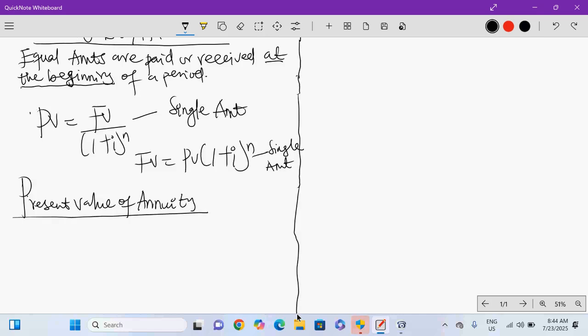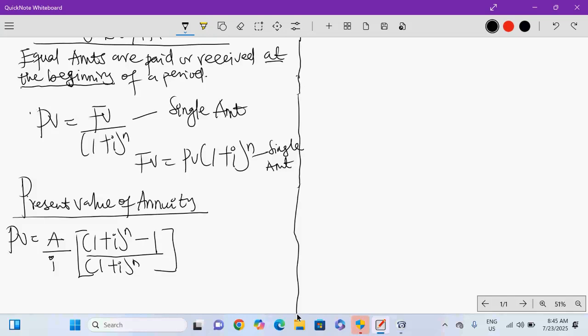So the present value of annuity, we are going to look at the annuity ordinary and the annuity due or the annuity advance. The present value of annuity is the equal cash flow A over the interest I, multiplying the bracket 1 plus I exponent n minus 1 all over 1 plus I exponent n, bracket close.